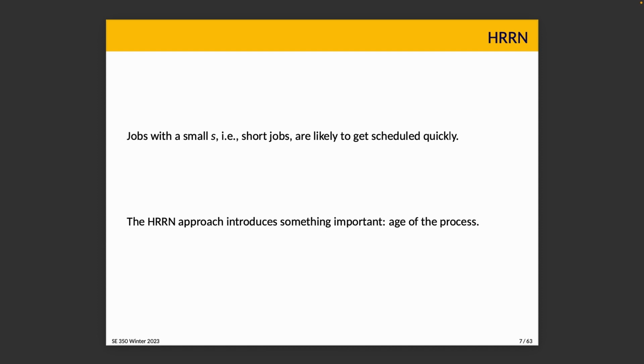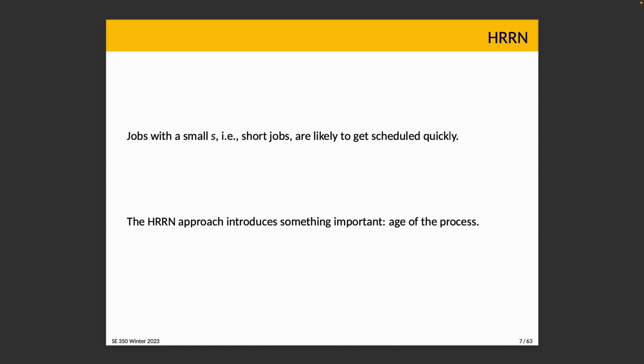This approach introduces something new that we haven't had before, the concept of the age of the process. The term W indicates how much time a process has spent waiting, and a process that has been waiting for a long time will rise in priority while it's waiting. It doesn't necessarily go at the beginning, and it waits behind other processes that are higher in priority, but over time a process's priority increases, which is helpful.